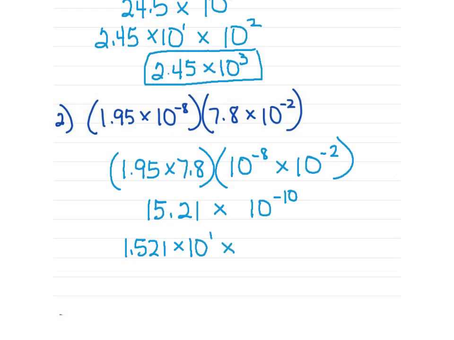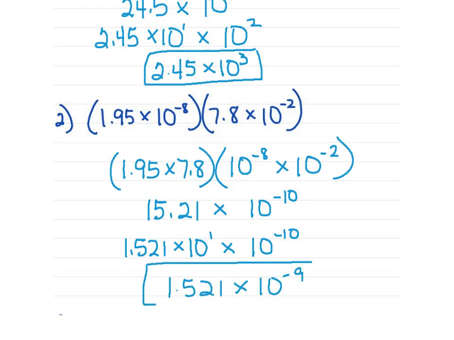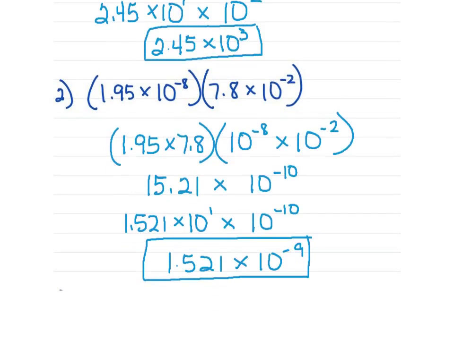And I'll bring down times 10 to the negative 10. Now let's simplify. 1.521 times 10 to the negative 9th power. And that would be your product in scientific notation.